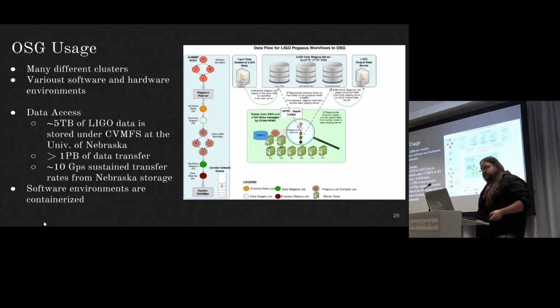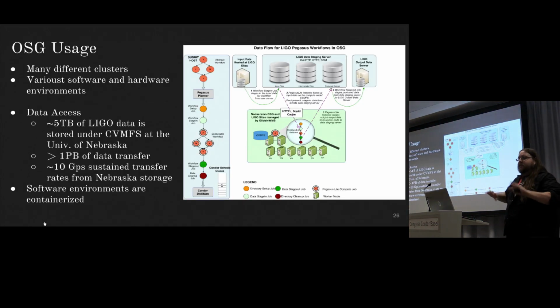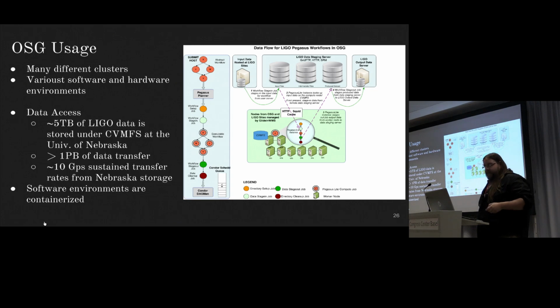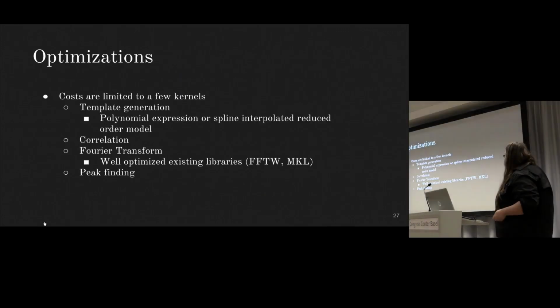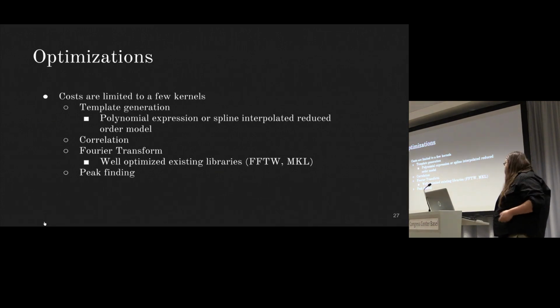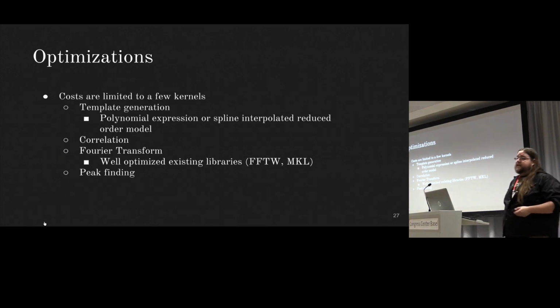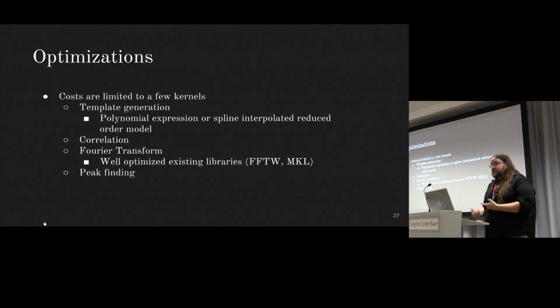So what I've talked about so far is basically how we get our stuff to run everywhere. I haven't said anything about how we actually get it to run well. There are a couple of things to keep in mind. As I said, all the computational cost is basically in the matched filtering calculation. What does that entail? We need to generate a template waveform that we're trying to look for.